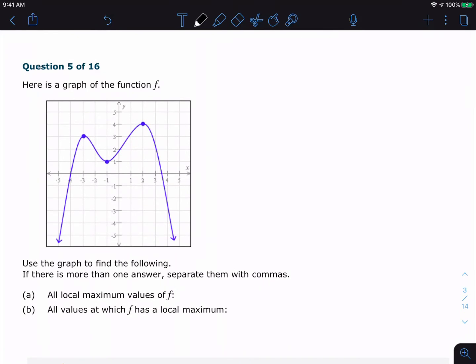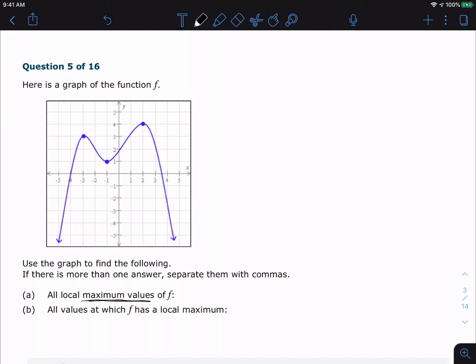It wants us to find the local maximums. And local maximums are just like the top of the hill, and the minimums are just the bottom of the little hill. So in this problem, we have a max here and a max here, and it looks like a minimum here, right? But when we write the maxes, they're going to be written as only the y values, because see how it says local max values.